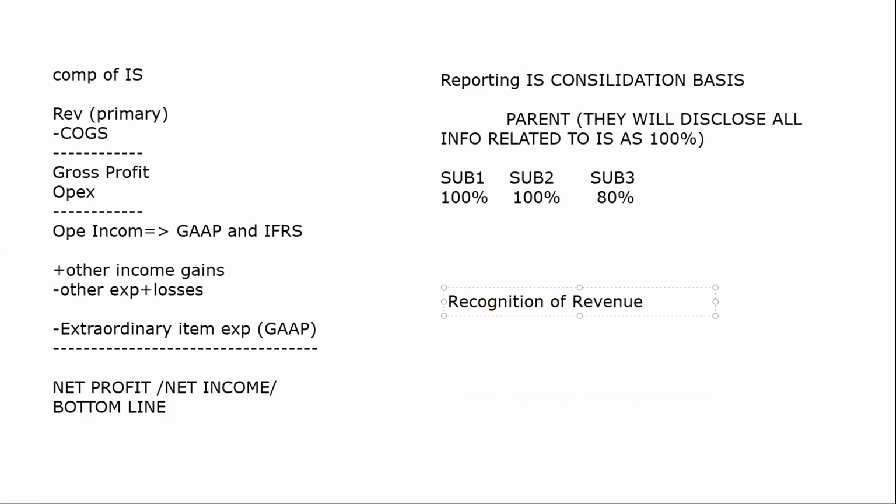So coming to the recognition of revenue, last time we mentioned there are 4 methods of how to recognize your revenue, how firms use 4 methods to recognize the revenue. First, we said, is the percentage of completion of the project.